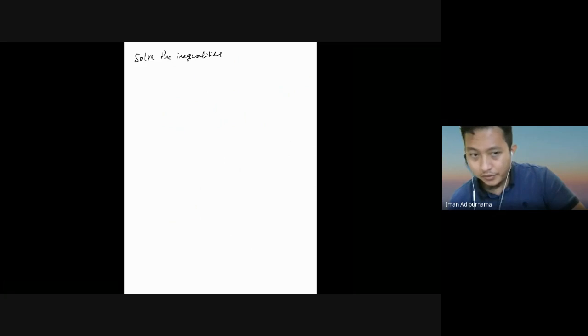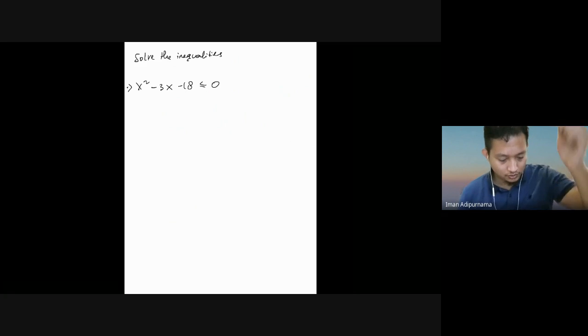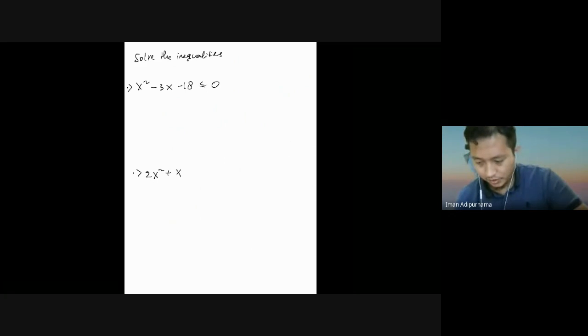The first one is x squared, and the second one is 2x squared plus x.